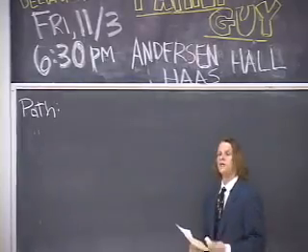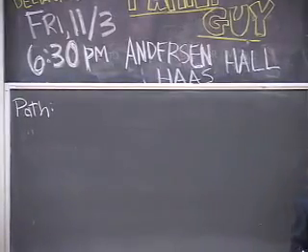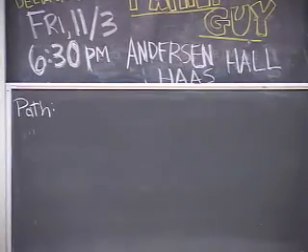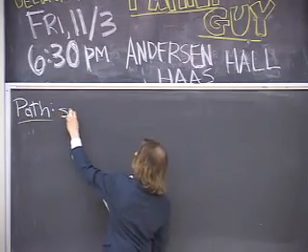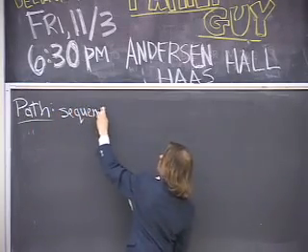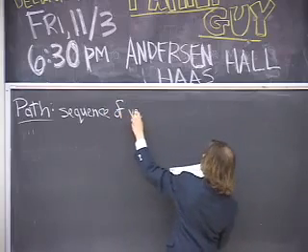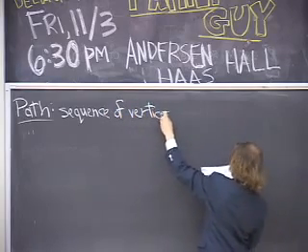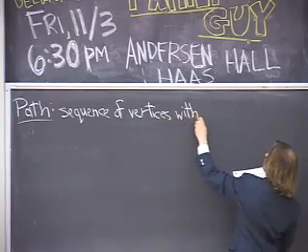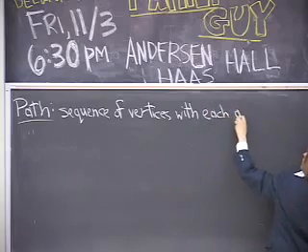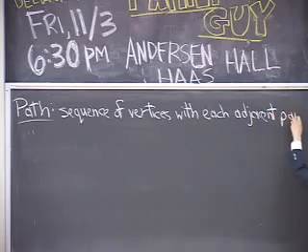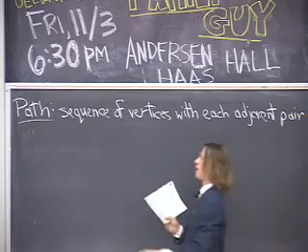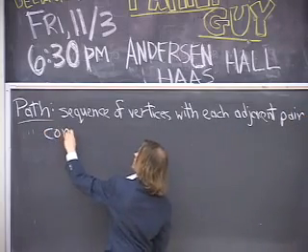Most things that you would want to use graphs for involve paths through the graph from one node to another. So a path is a sequence of vertices wherein each adjacent pair in the path are connected by an edge.